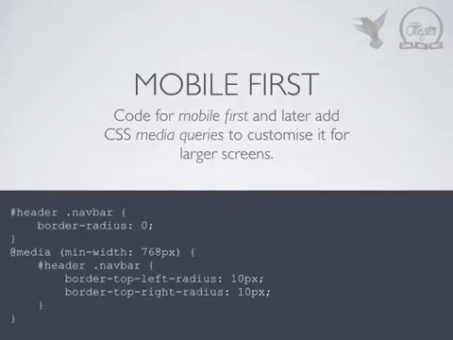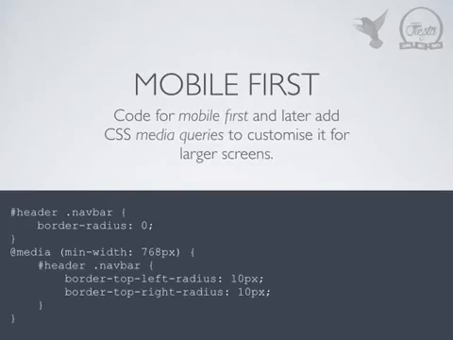Okay, so this is one of the examples of mobile first CSS code. By default, I'm specifying that my border radius on navigation is going to be 0. So basically, that means that when I load a website on a mobile phone, it's going to stick as a square to the top of my screen, right?